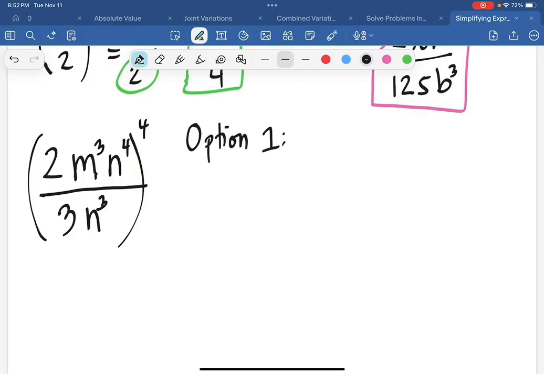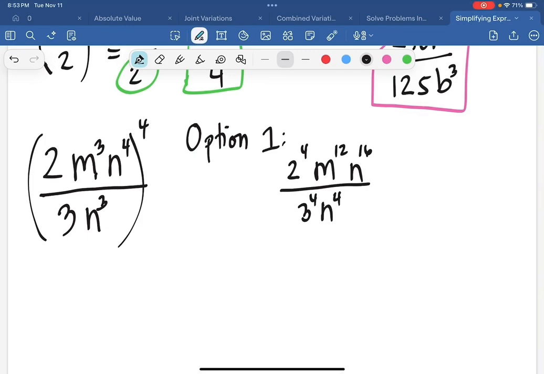For option 1, you get to distribute the exponent 4 to all of them for both the numerator and denominator. So we have 2 raised to 4. 3 times 4 is 12. And 4 times 4 is 16. Over, you have here 3 raised to 4. And then 3 times 4 is 12. So n raised to 4.